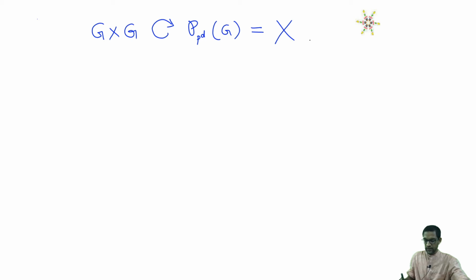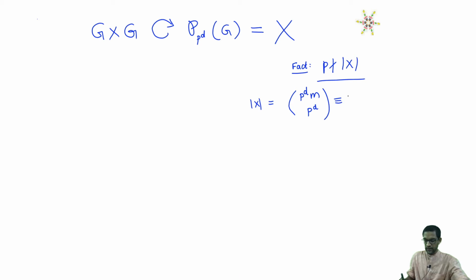Now since G cross G acts on X, recall the very important fact about X that we proved, which is that the cardinality of X is not divisible by p. This is the very interesting thing we proved, and recall the way we proved this was by observing that the cardinality of X is nothing but the binomial coefficient p to the d times m choose p to the d.